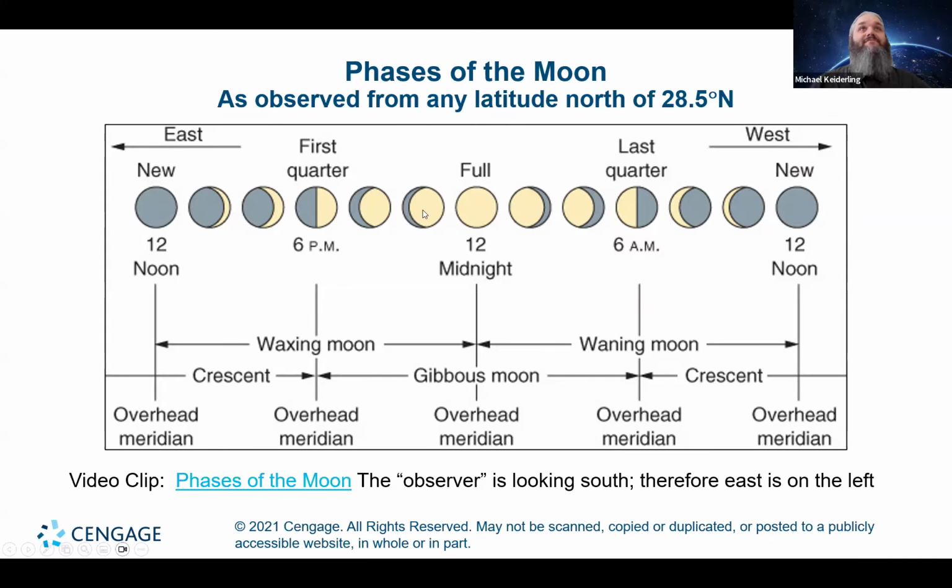And during the waxing moon, the illuminated side is on the western side of the moon. And then during the waning moon, the illuminated side is on the eastern side of the moon. So you have full moon, then you have waning gibbous, last quarter, crescent.